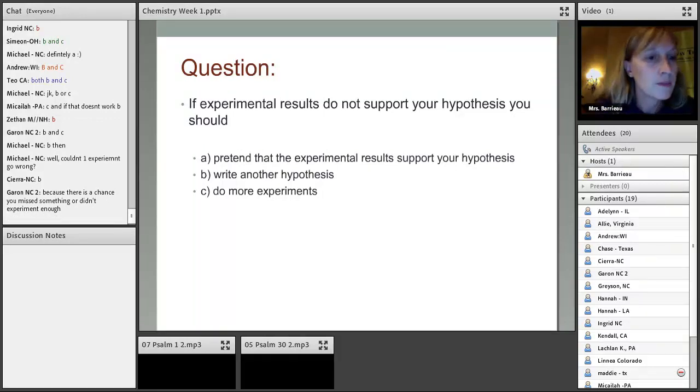Yeah. Couldn't one experiment go? Yep. So that's why we do multiple experiments. If you're weighing something once and you get 6.3 grams, you're kind of like, okay, it's 6.3 grams.